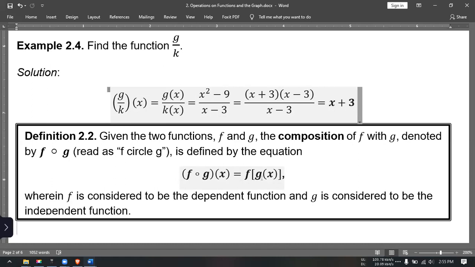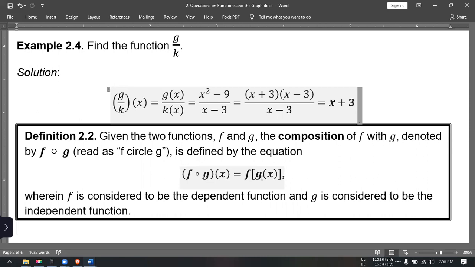If we were to go back to how we evaluate function, we are to let a specific value of x, and then this value will be substituted for every x variable from our function.